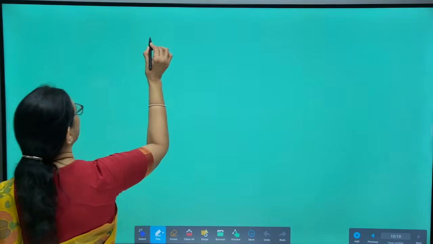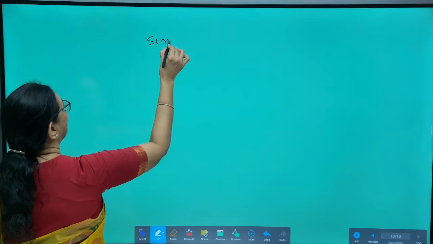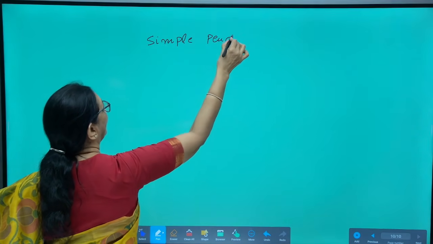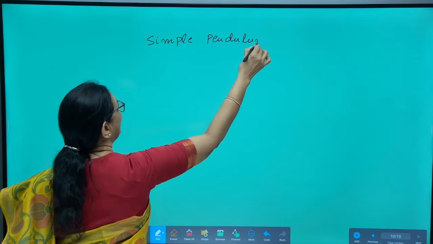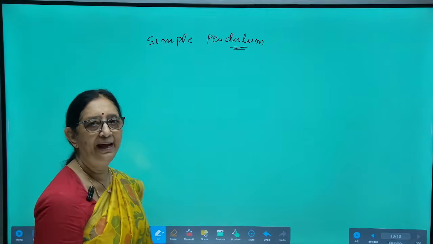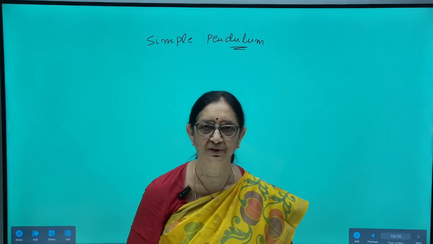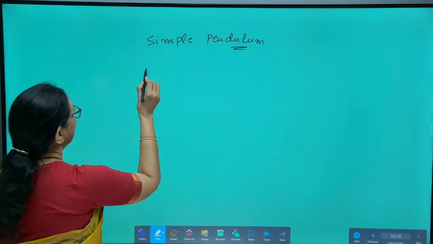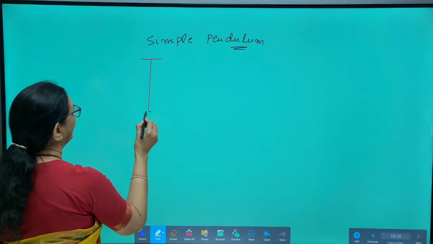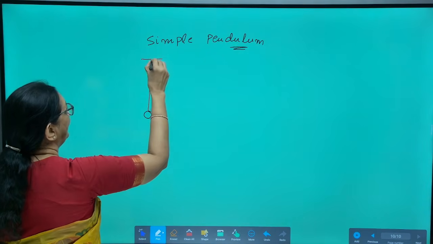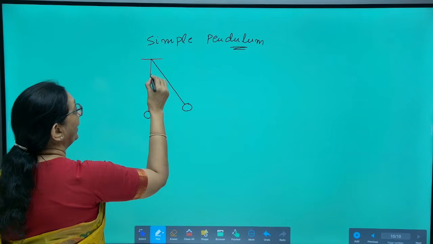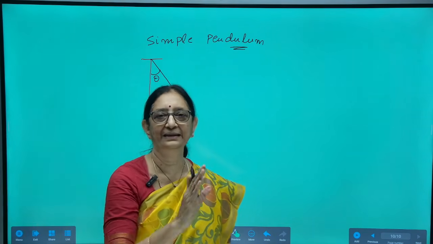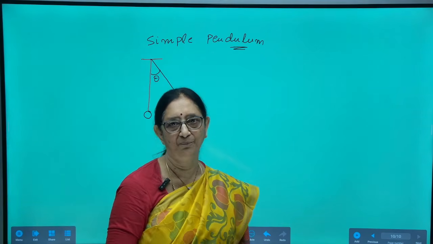See, let us go back to the case of a simple pendulum. In case of a simple pendulum executing simple harmonic motion, how does it execute simple harmonic motion? We just consider a simple pendulum freely suspended. It is pulled aside through a small angle theta and released. Then it executes simple harmonic motion.